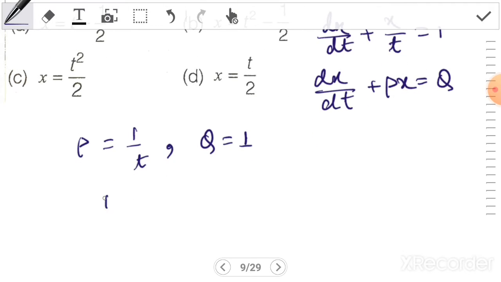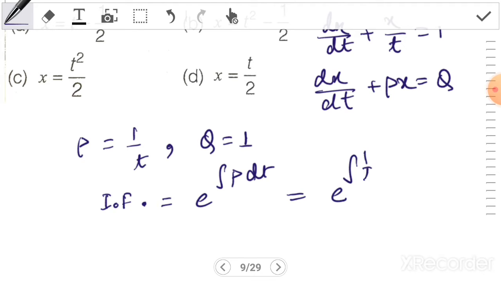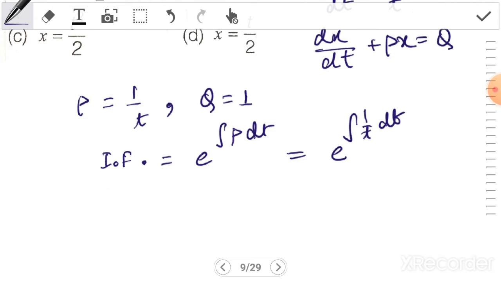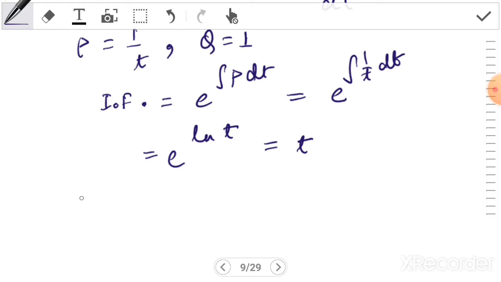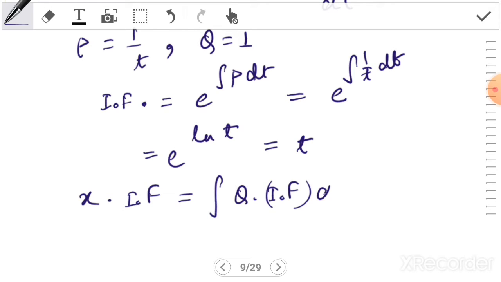So the integrating factor is e power integral p dt. So integral 1 by t dt, which is e power ln t, right? And this is equal to t. Now the solution is x times integrating factor is equal to integral of q times integrating factor dt plus c.